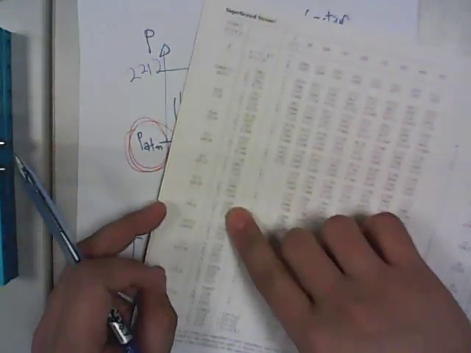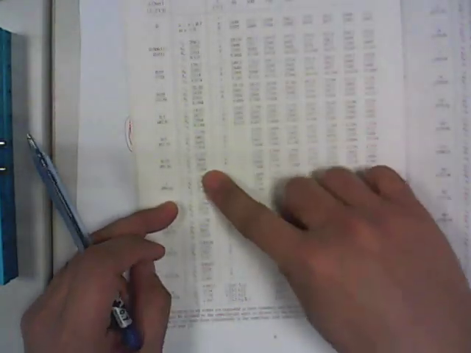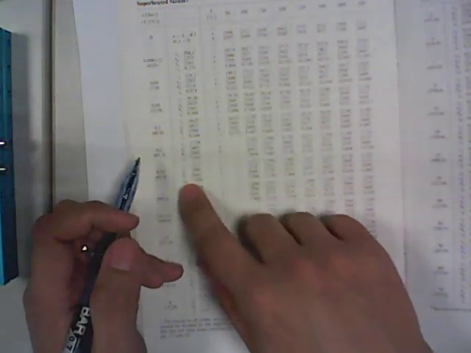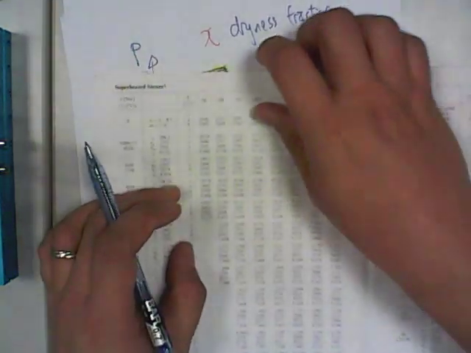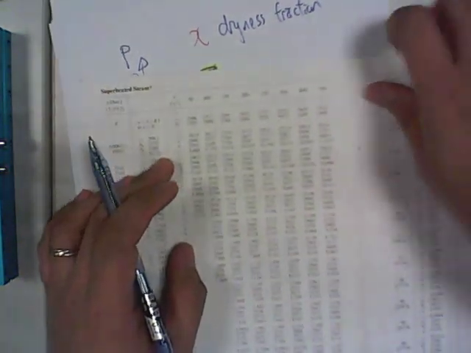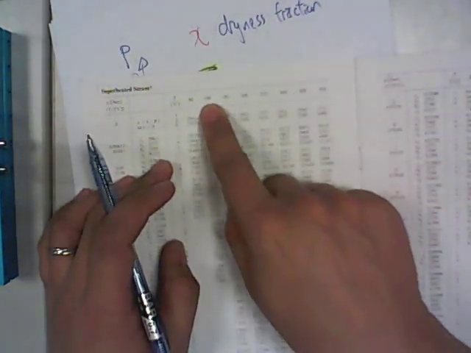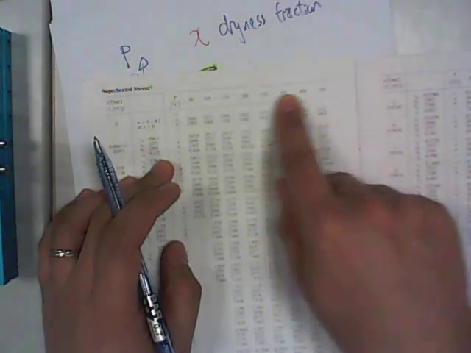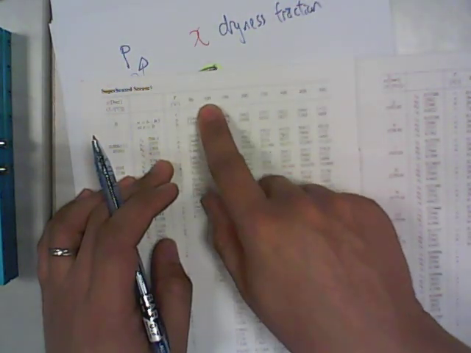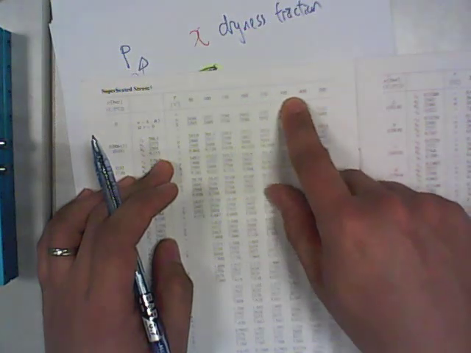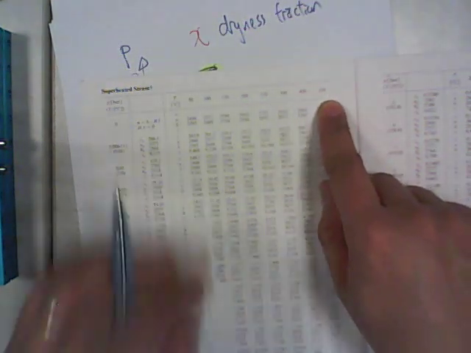So these values are actually repeated over here on page 6. So if you're looking at superheated regions, you're not so concerned about the values over here. At the top row again, these next few columns are all according to different temperature values: 50 degrees, 100, 150, 200, 250, 300, 400, and 500.